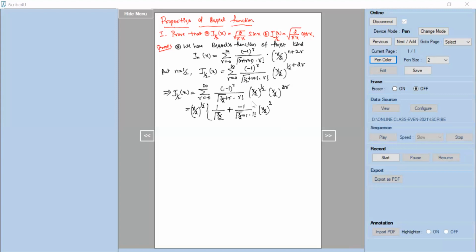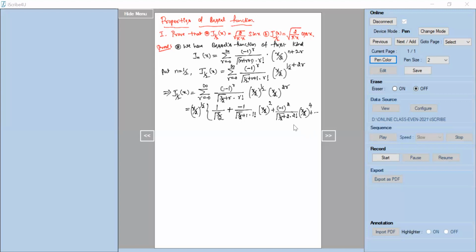Next I'll put r is equal to 2. So it becomes minus 1 whole square by gamma of 3 by 2 plus 2, into 2 factorial, into x by 2 whole power 2 twos are 4. Like this it will continue. So you can expand like this: r is 0, r is 1, r is 2, and so on.